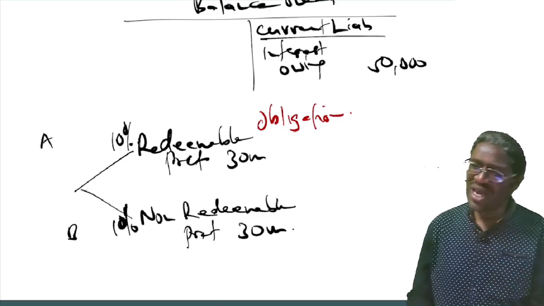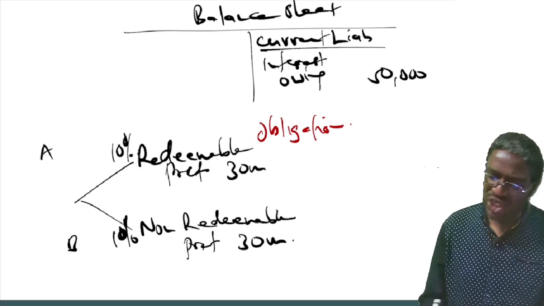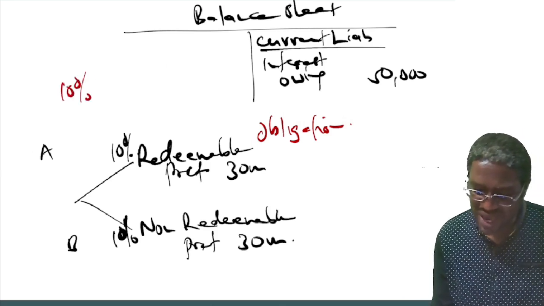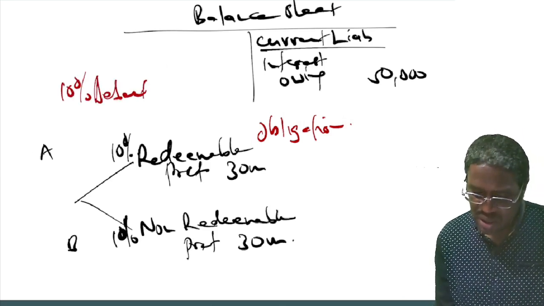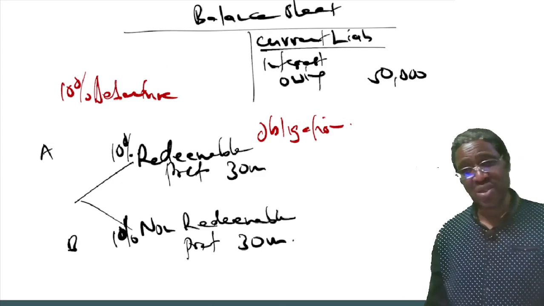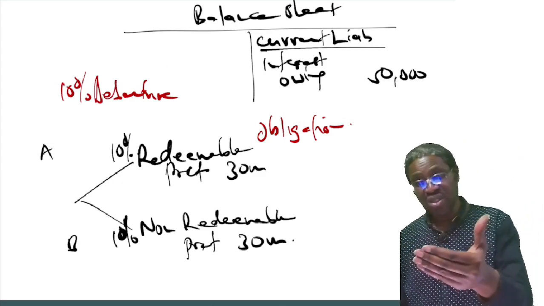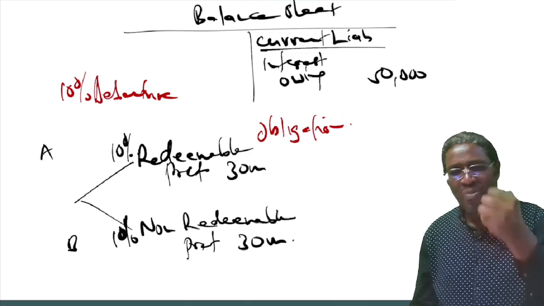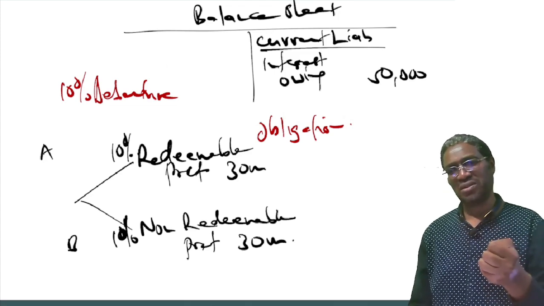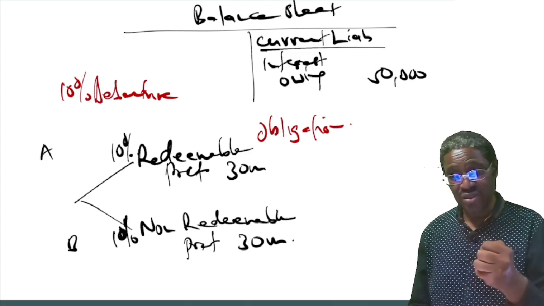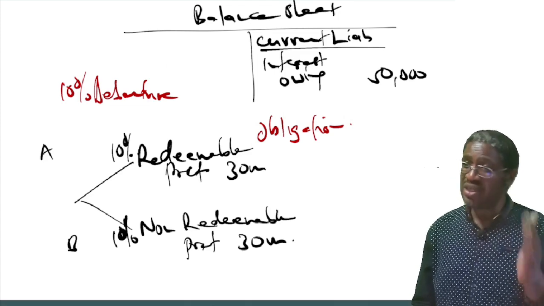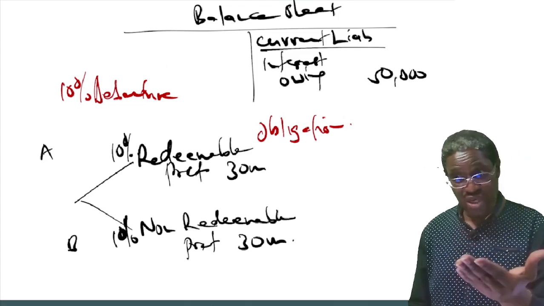Listen, just like company A could have issued a 10% debenture. Whenever a company issues debentures or bonds, they normally have an obligation to pay back that debenture. When they were raising finances, they issued debentures, so they have an obligation.